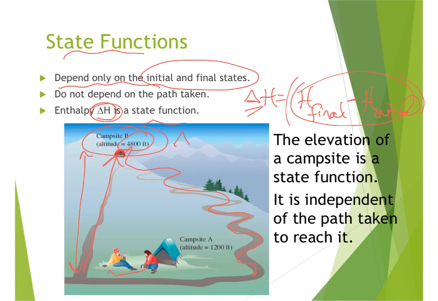So to find altitude, you would just do height of the top minus height of the bottom, and it wouldn't matter what route you took. Can you think of a function that would matter what route or pathway you took to the top of the mountain? I can. How about energy expended, the total energy expended by the person doing the hiking? That's going to matter a lot on the pathway. So anyway, that kind of gives you an idea of state function versus not state function.